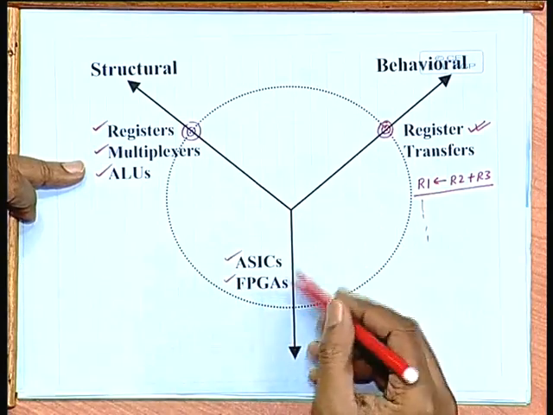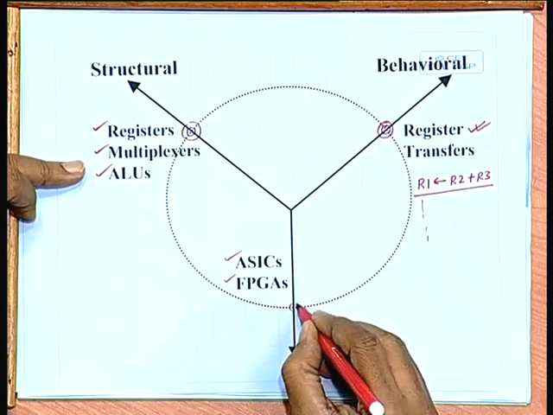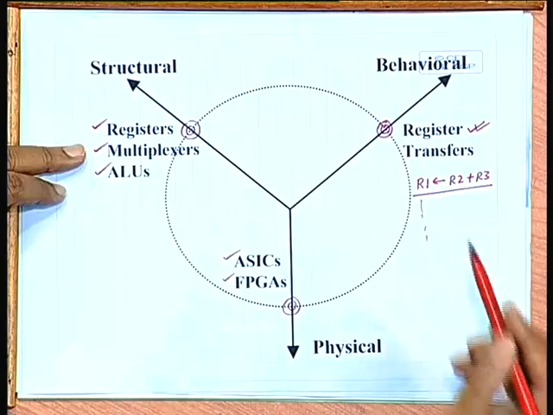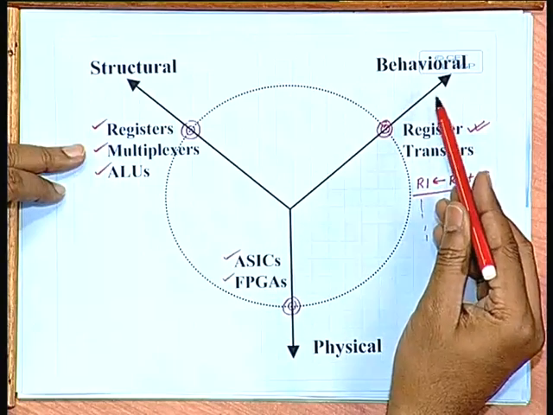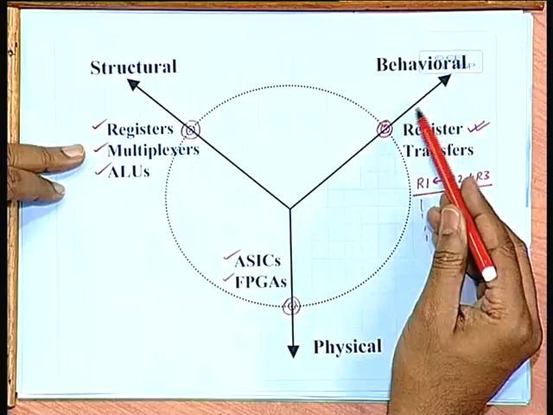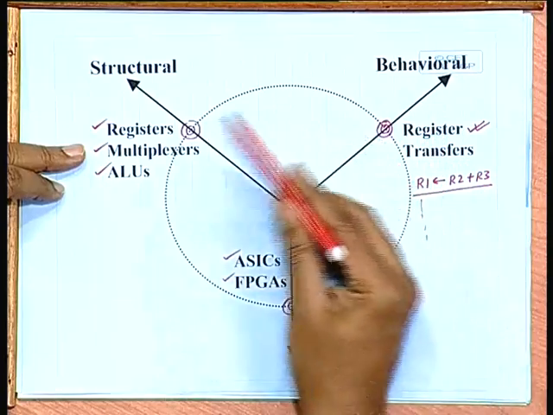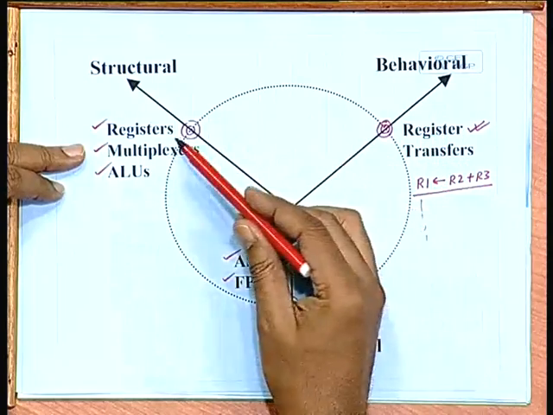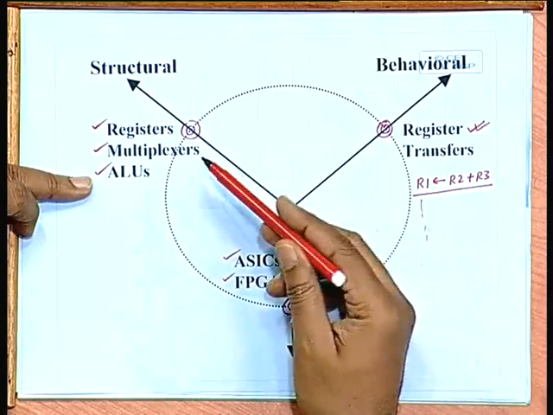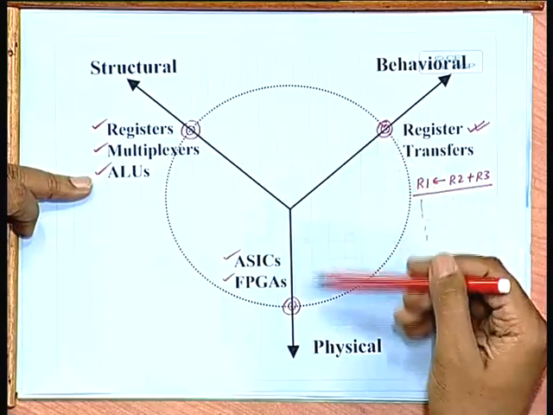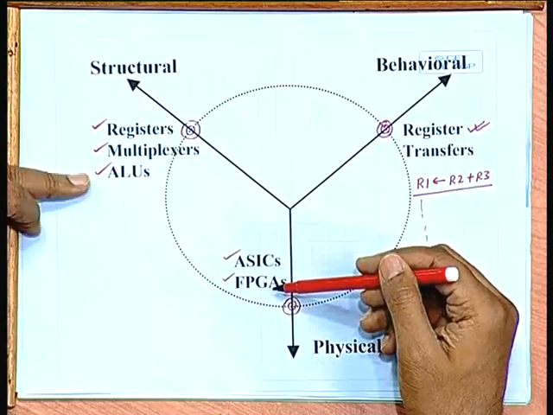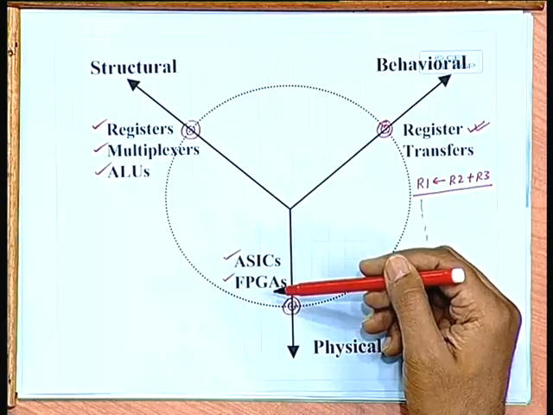So, it depends on your target implementation, what you are trying to implement or how you are trying to implement. As you go into the next lower, more detailed level of the design, we get a design which consists of registers, multiplexers, their interconnections, their control, and at this level possibly we are talking about mapping the design into an ASIC or an FPGA. Okay, fine.